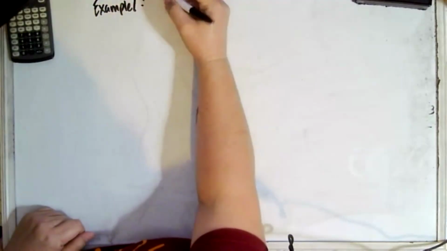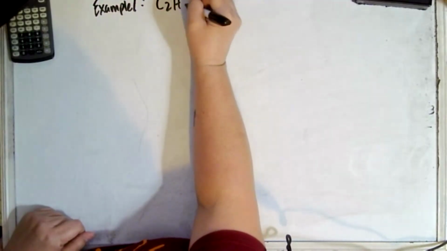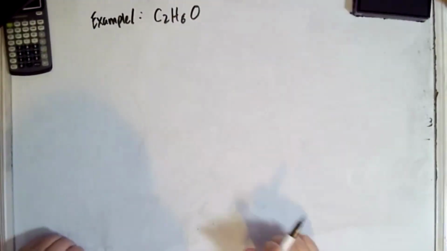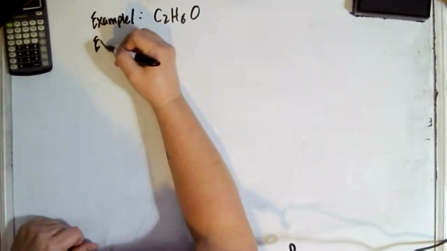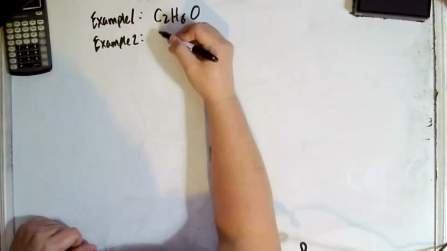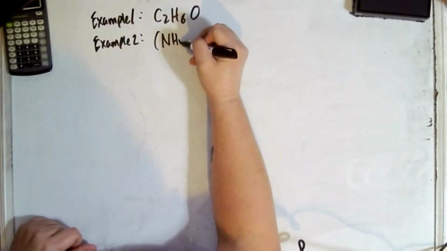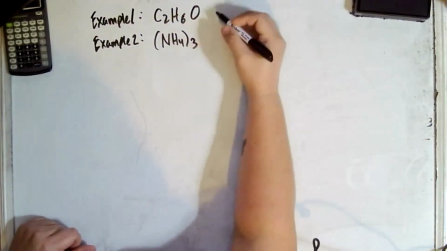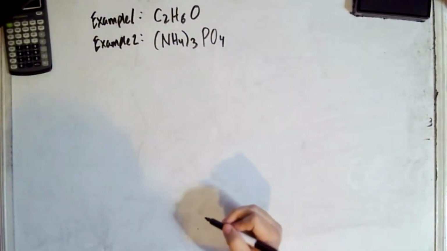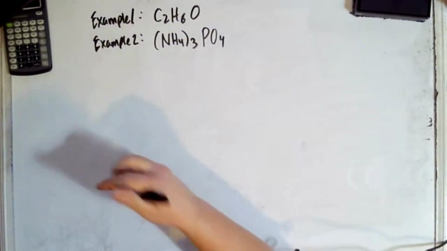Example 1 is C2H6O. And example 2 is (NH4)3PO4. Okay, so we're going to find the molar masses of both of these things.